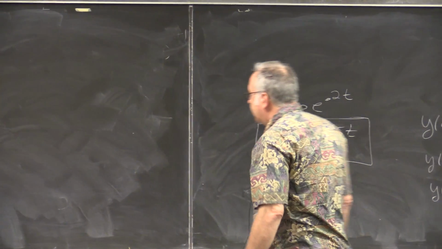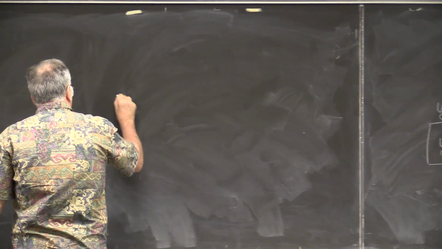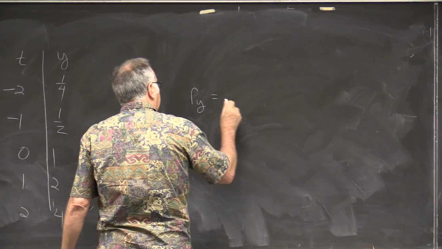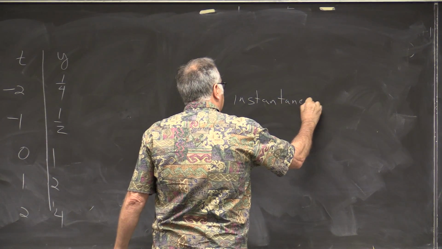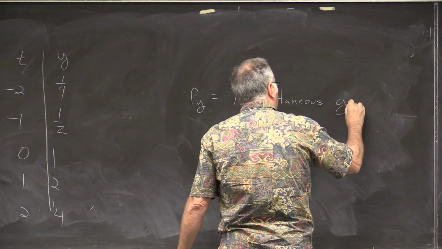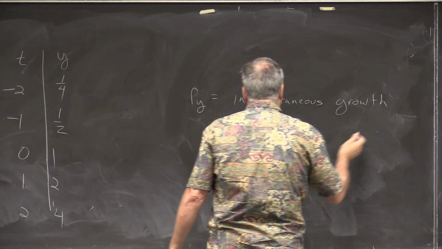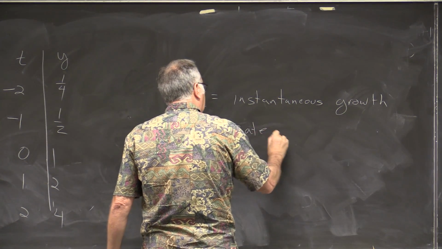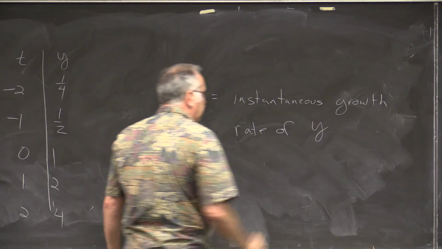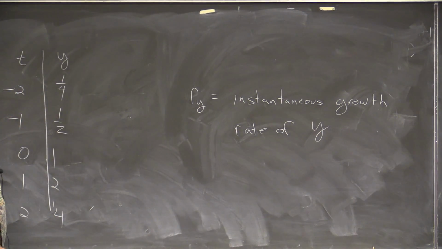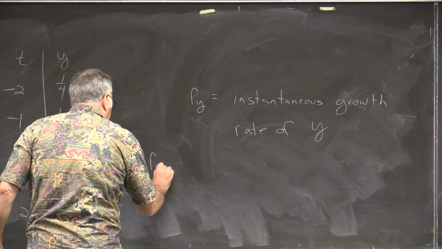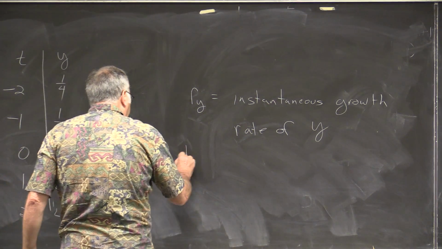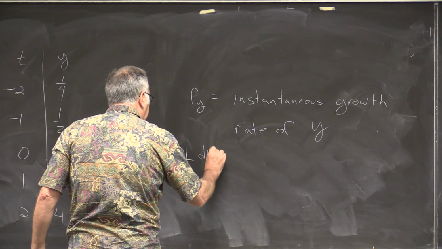So I'll call this r sub y. r sub y is the instantaneous growth rate of y. And in our previous example, y was population. More generally, it's just whatever y is. r sub y mathematically is just this: r sub y is just 1 over y times dy dt.